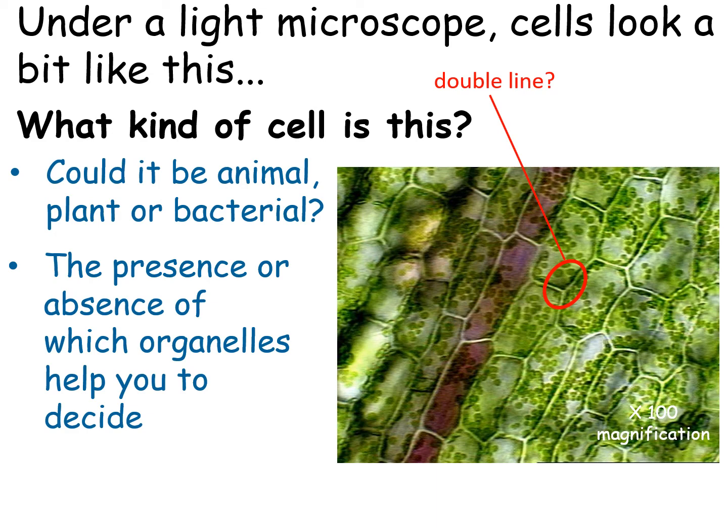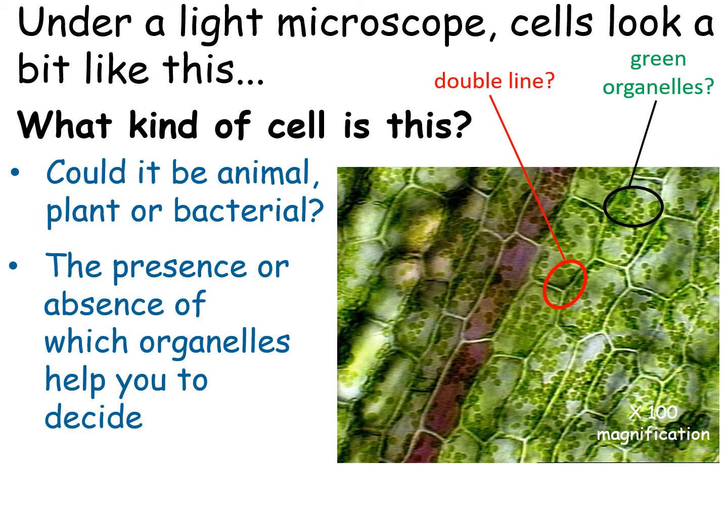I'm hoping that you can see it's quite a thick line there. And I'm also hoping that you can see some green organelles. So that double line suggests that maybe there's a cell wall and a cell membrane.